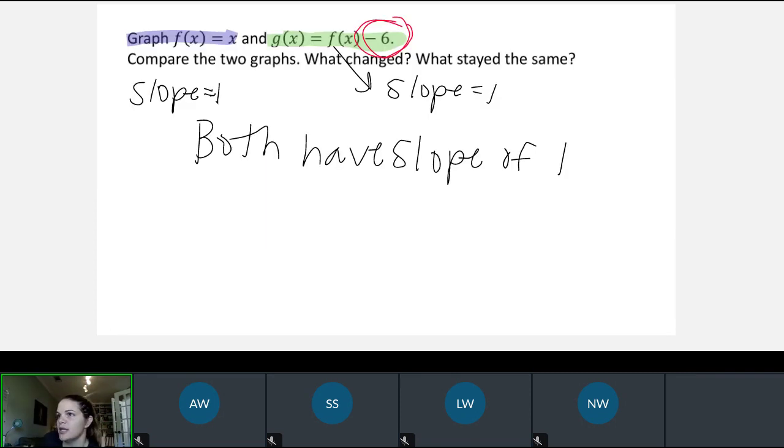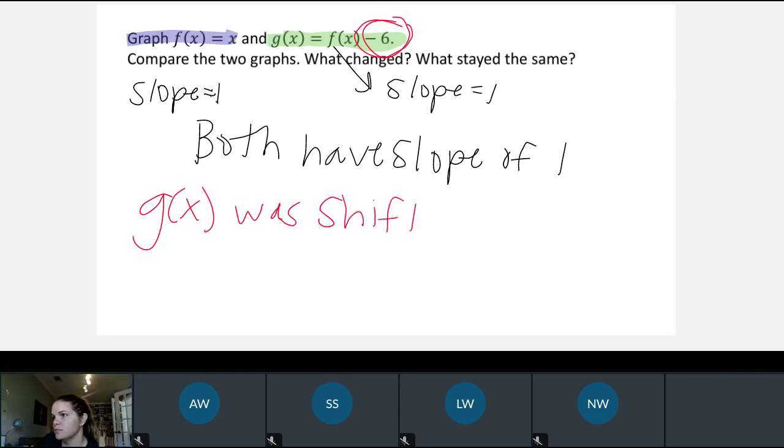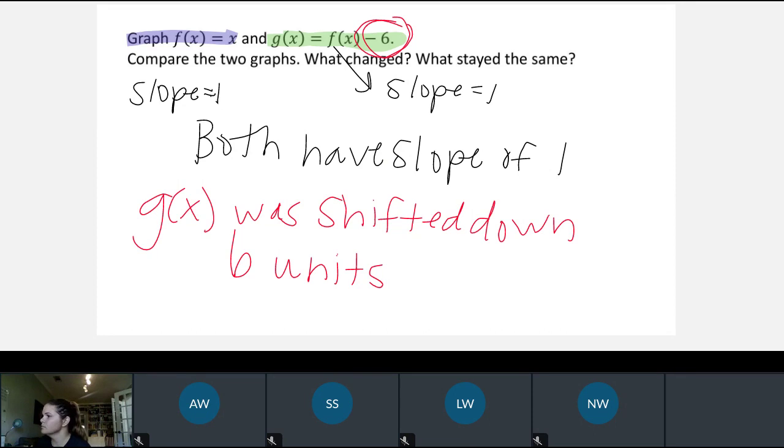So what changed is that g of x was shifted down 6 units. Questions about this one? We're gonna do some more practice ones together, some examples.